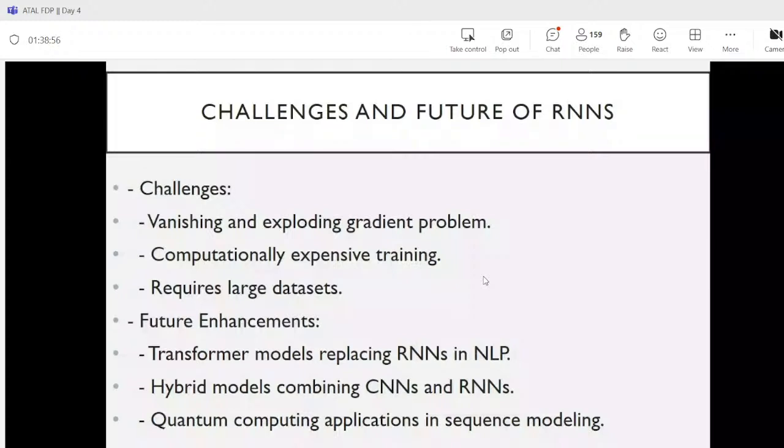So how can this enhancement be taken further? For example, transformer modeling, because you know very well that transformer modeling is the current trend rolling out everywhere. The transformer models can replace a recurrent neural network.